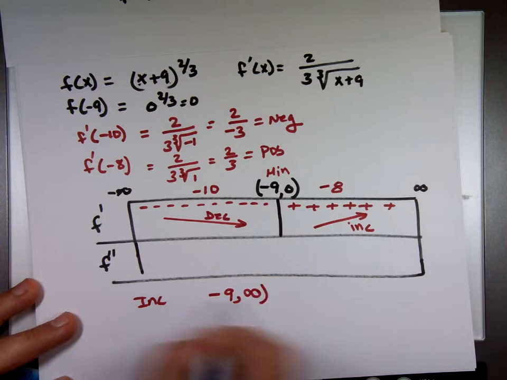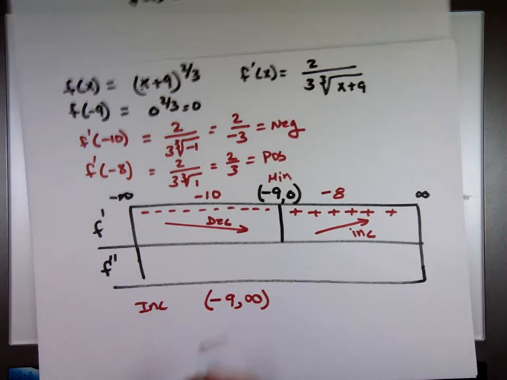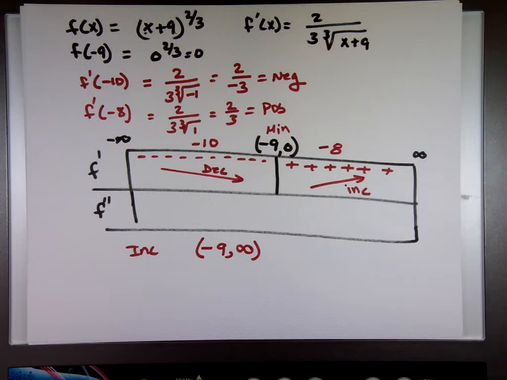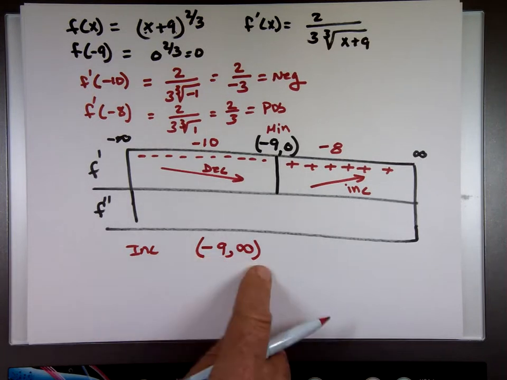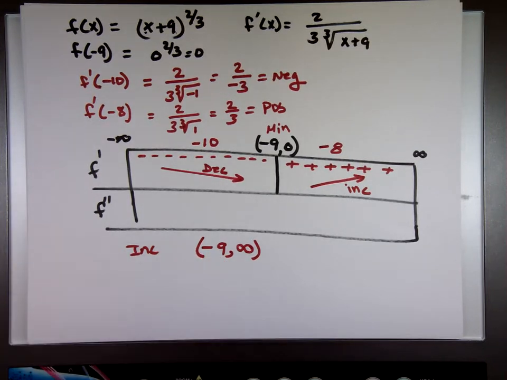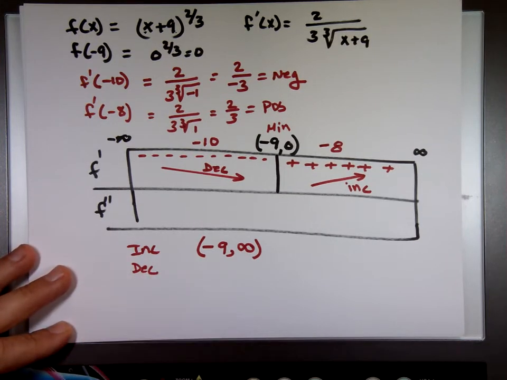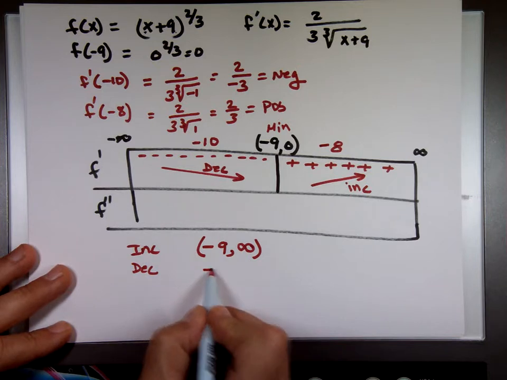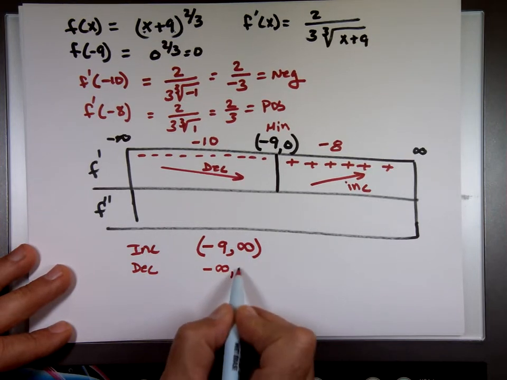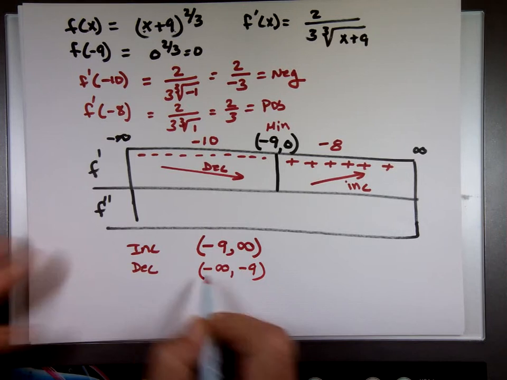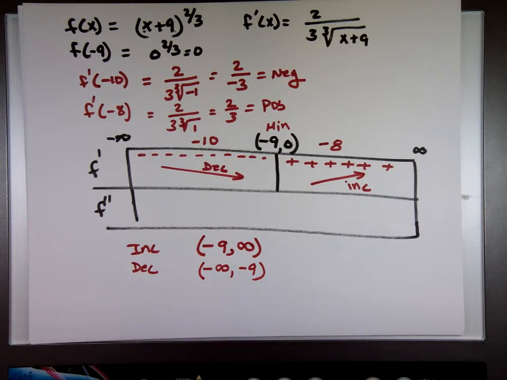And these endpoints are usually not included, so parentheses, not a square bracket, from -9 to infinity. Decreasing. Where is it decreasing from? -infinity to -9. Do we have that? -infinity to -9. These are multiple choice here. Yep.